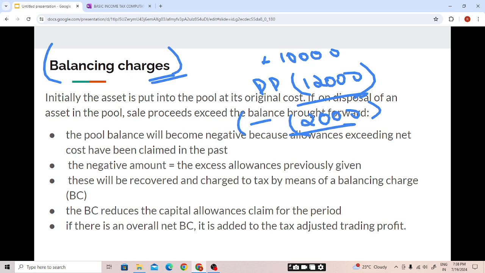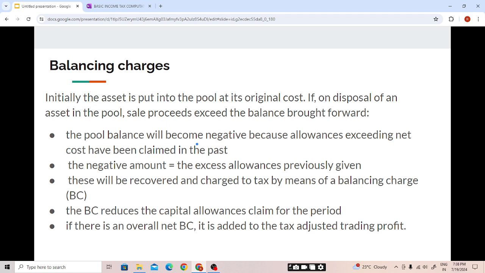This is created because we have exceeded the capital allowances. We have calculated more capital allowances when compared to its original cost. The pool will become negative because allowances exceeding net cost have been claimed in the past, and this negative amount, students, will reduce the allowance column total.